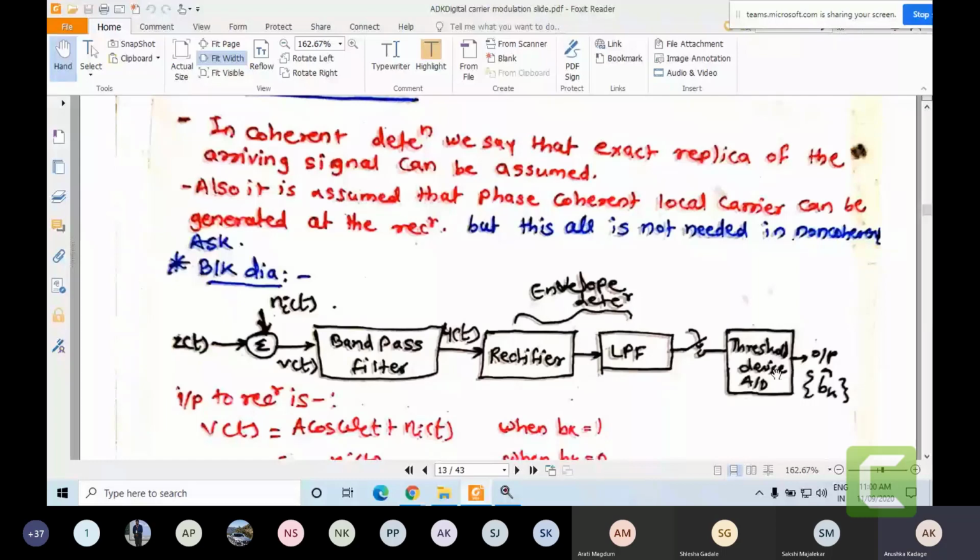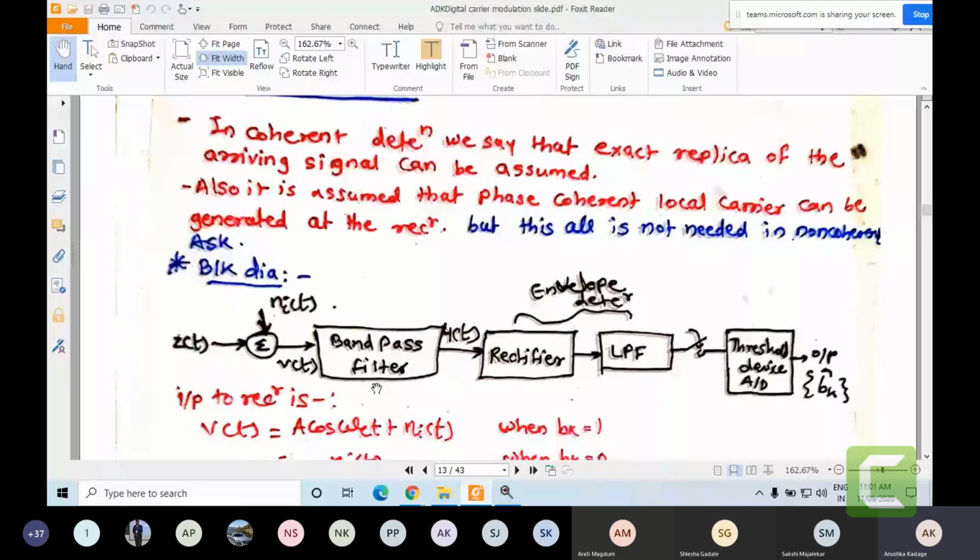And that's why here again from the channel we are starting. On the channel, the transmitted signal along with the noise is present, which is mentioned as v(t) signal, that will be given to the first component of the receiver, that is the band pass filter.